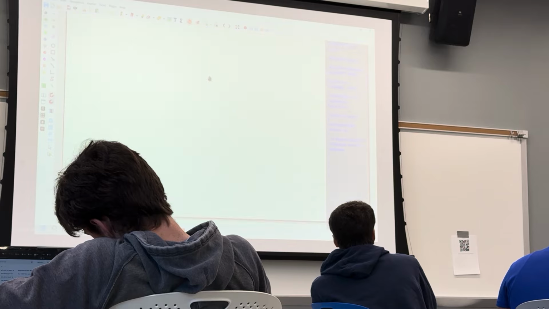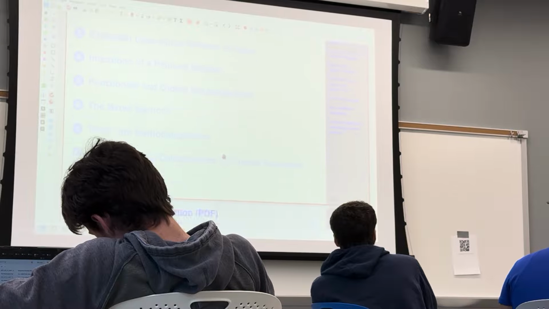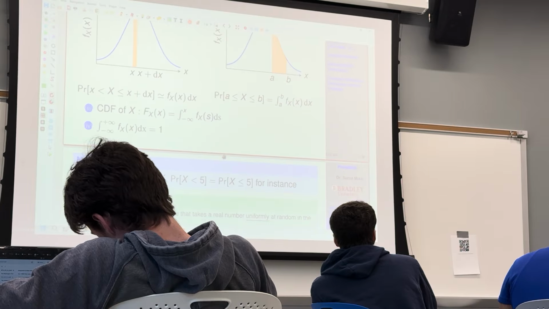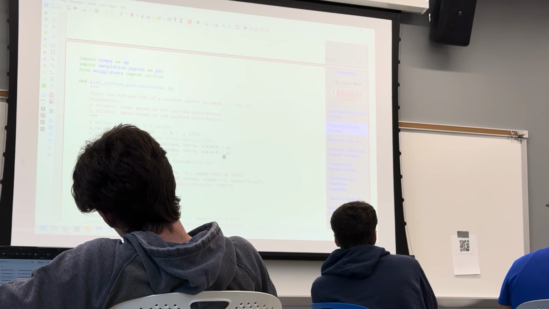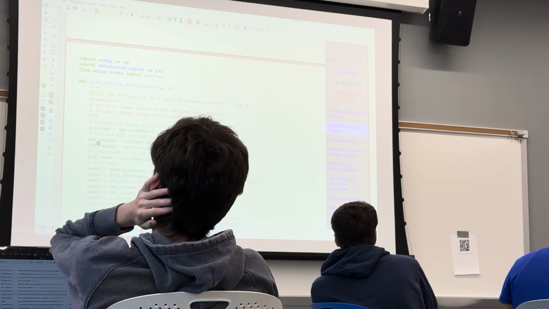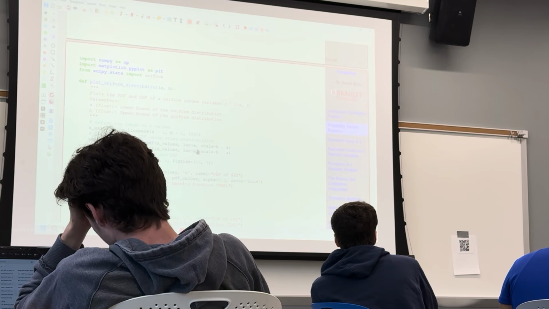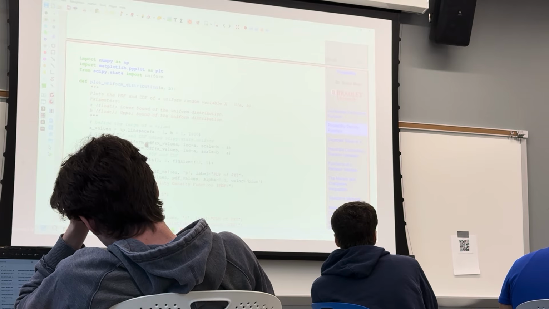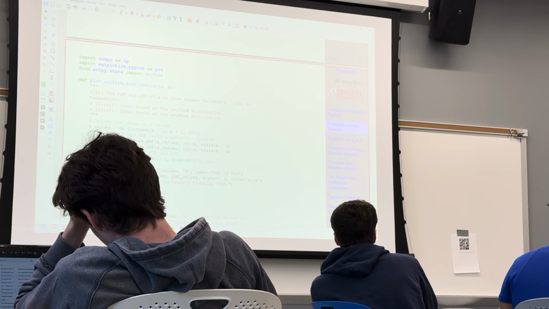And then you go to the PDF, the probability density function, and we went through many random variables. Make sure, guys, you know the syntax here, uniform, PDF, CDF, so you know how to use these parameters. So namespace, PDF, CDF. And then don't worry about the plotting at all.